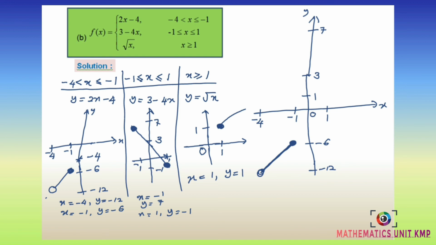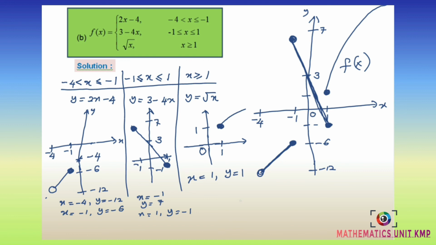And the second, from -1 to 7. And the third is the square root graph, where when x equals 1, y equals 1, and it is increasing. And the label is f(x) for the piecewise function.